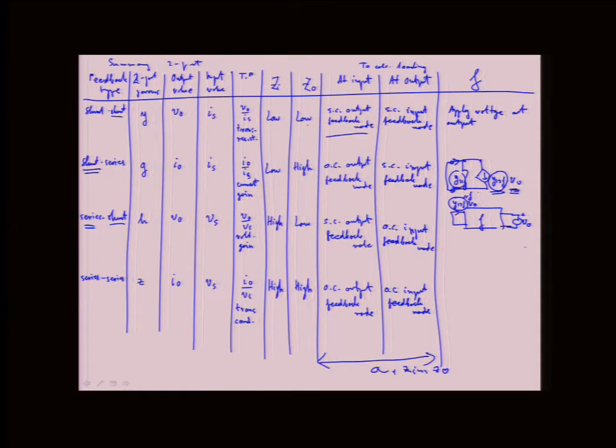Okay? So apply voltage at output and short circuit input feedback ports, and measure current.